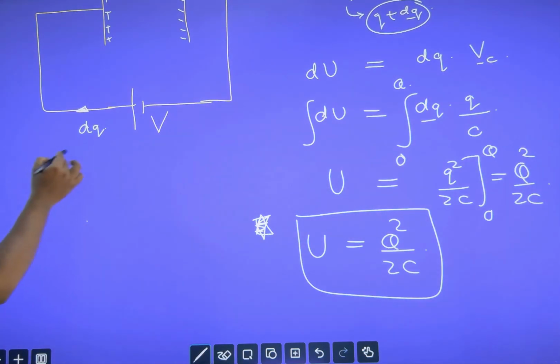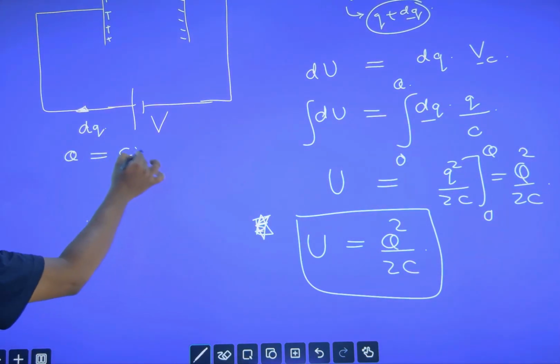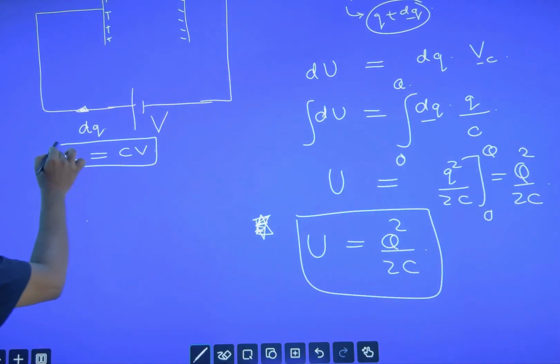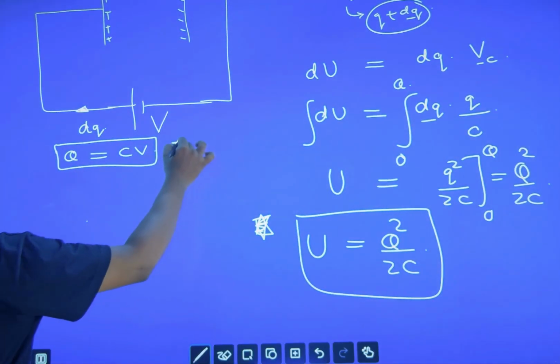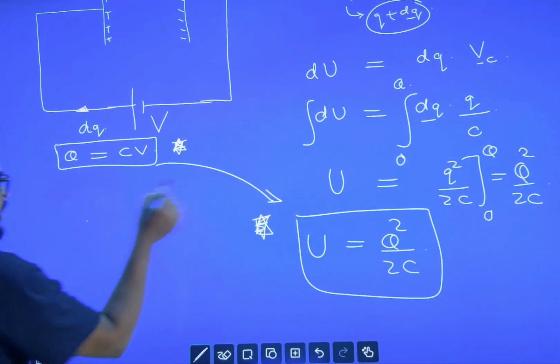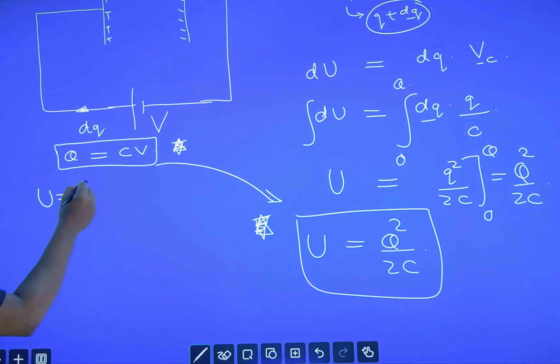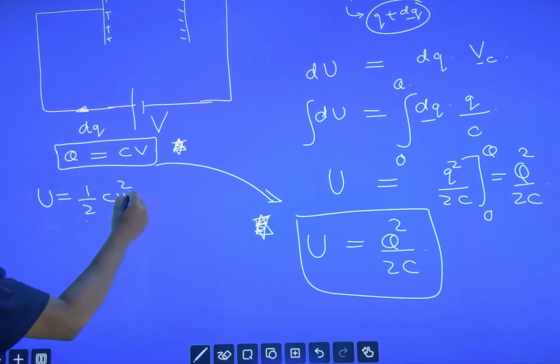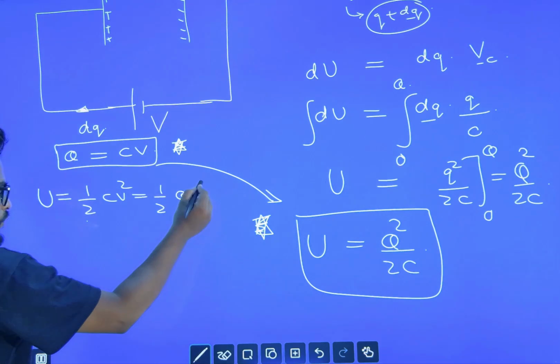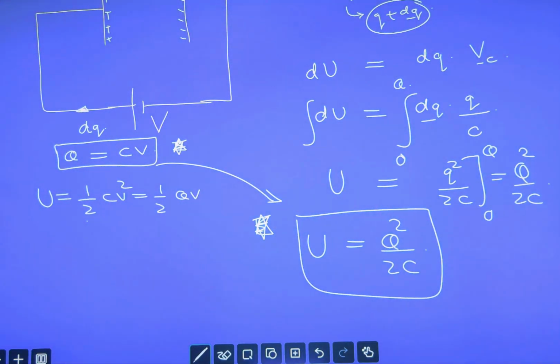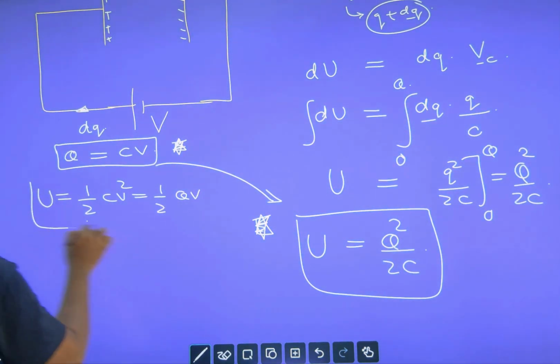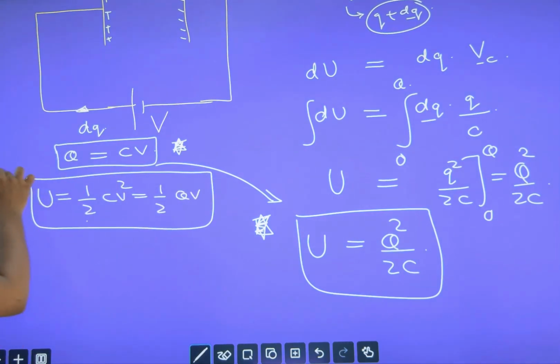We have one more formula, Q equals to CV. We'll put this in and we get a few more formulas. So U equals half CV square, that is half QV, and Q square by 2C. So overall these three formulas are there. Depending on the available data, we can calculate energy stored on the capacitor. Okay, clear?